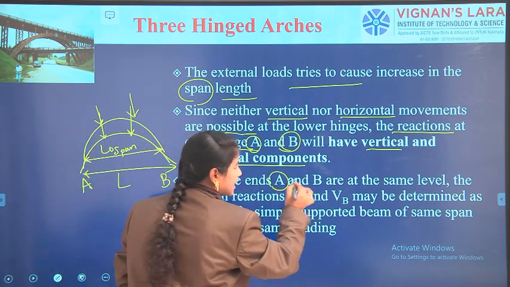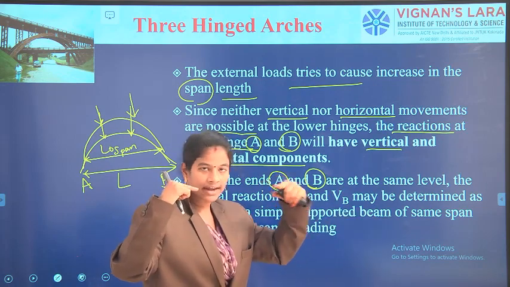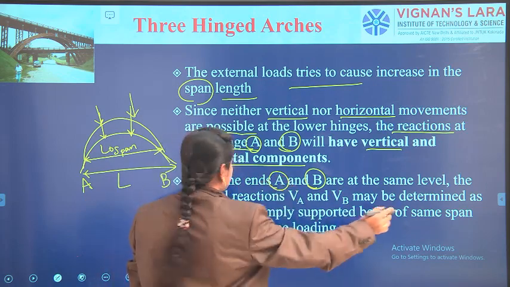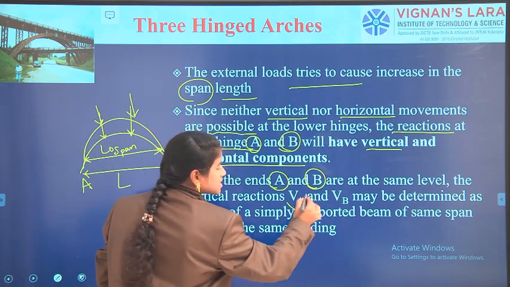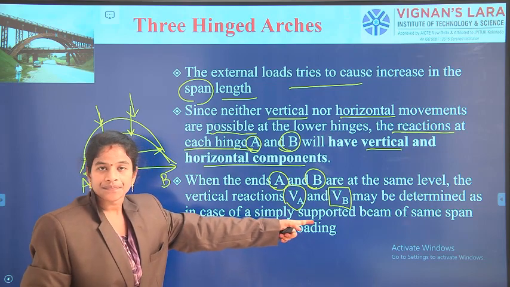When the ends A and B are at the same level, the vertical reactions are VA and VB.